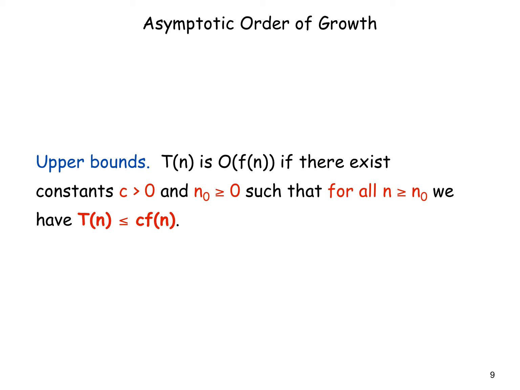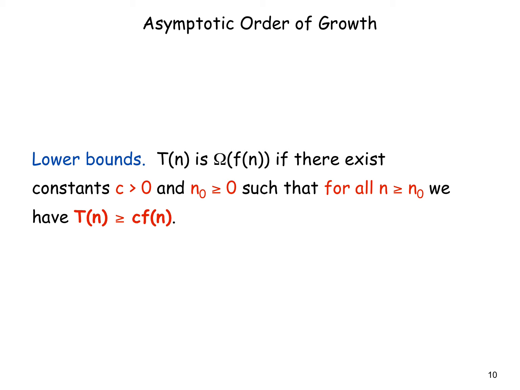So past some initial threshold value n sub 0, every value of t is smaller than c times f of n. So c times f of n is an upper bound for that.